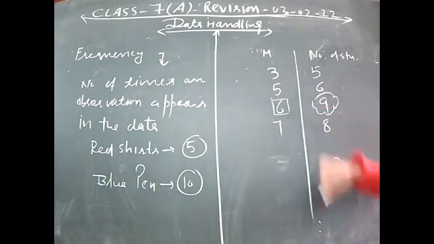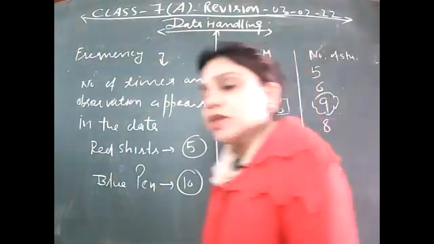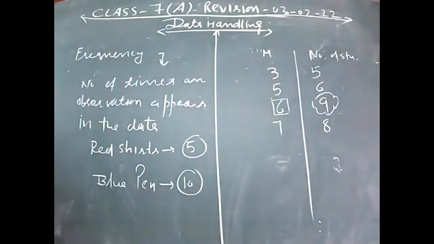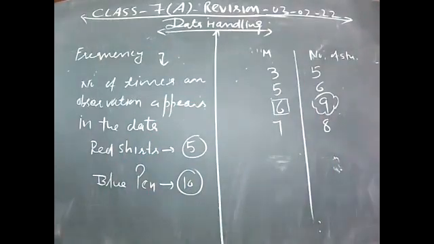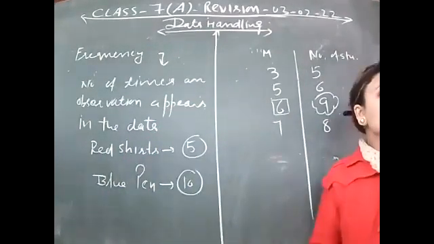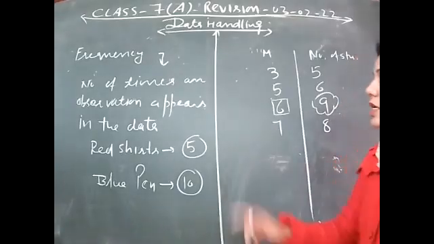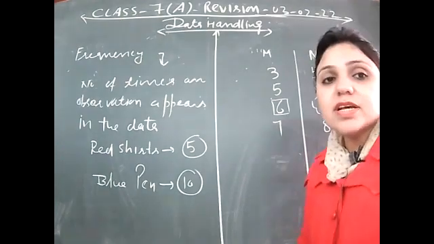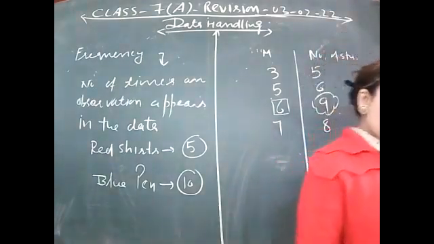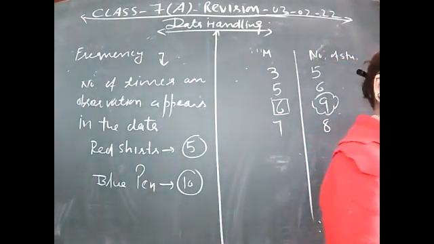That is 9. The definition of frequency we did earlier, and once I conducted a test and gave you one definition of frequency, many students wrote it wrongly. So this time you have to remember it carefully: frequency is the number of times an observation appears in the data.